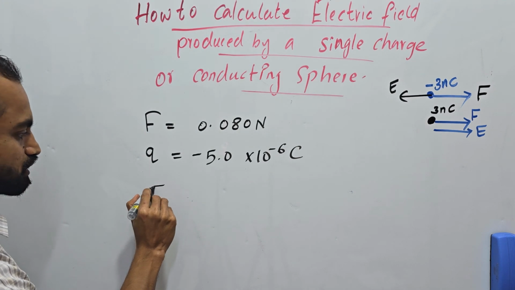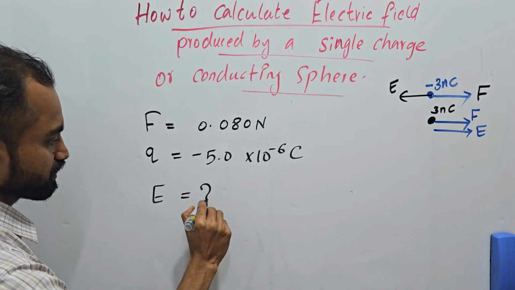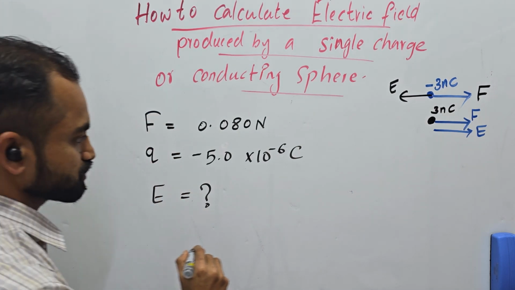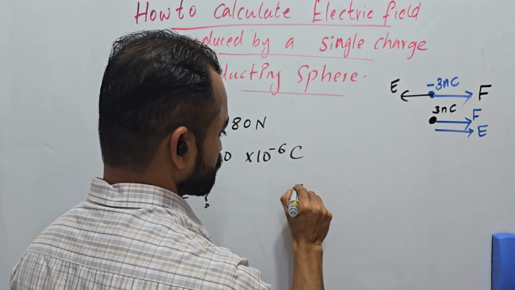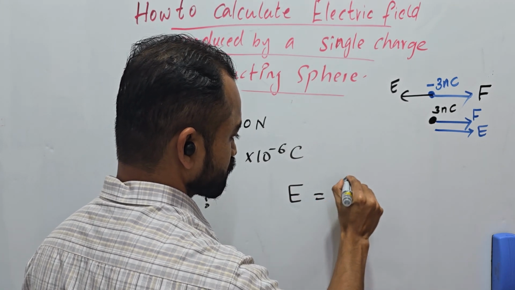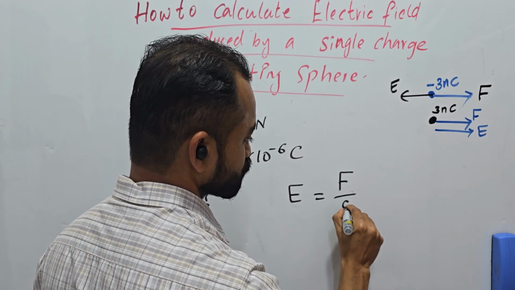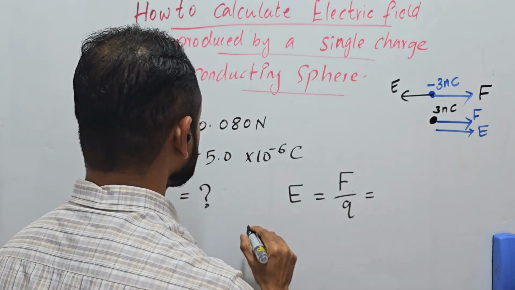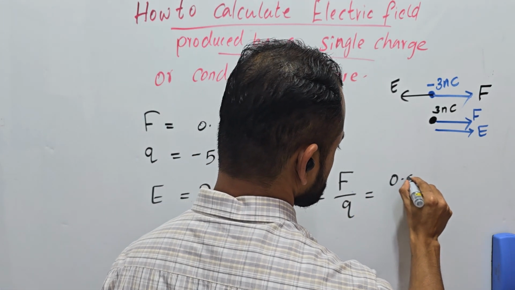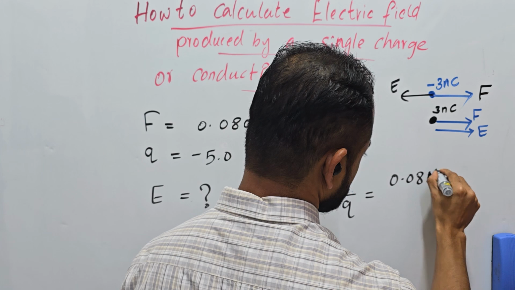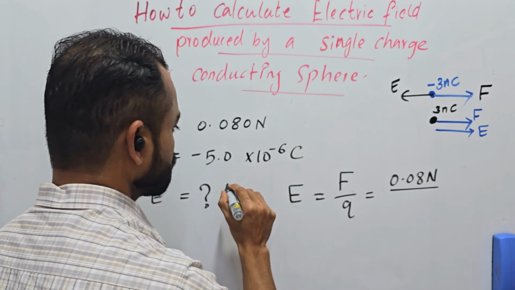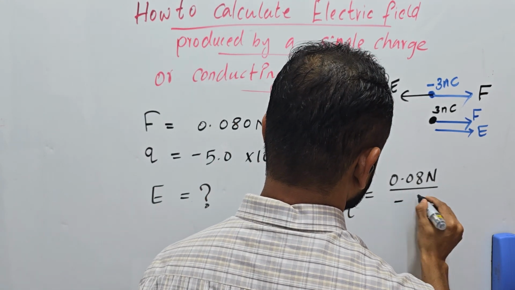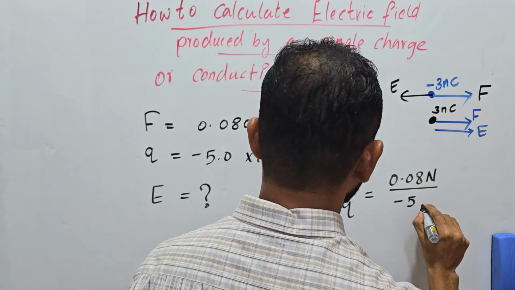We need to calculate the electric field strength. If we have force and test charge, we have our equation: force divided by test charge. Force is 0.08 Newton, and the value of the test charge is minus 5.0 times 10 to the power minus 6.